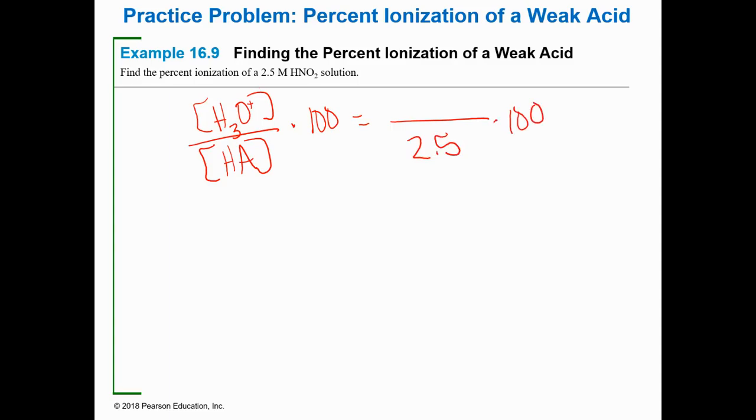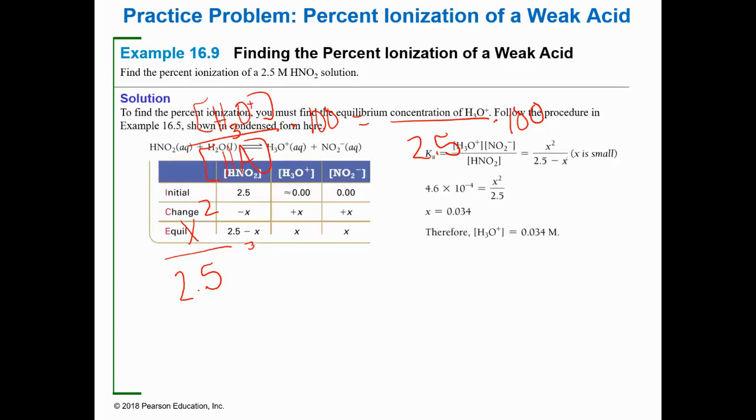Okay, to find that H3O+, I need to do my x squared over 2.5 is equal to, they're going to tell me, 4.6 to the negative 4.